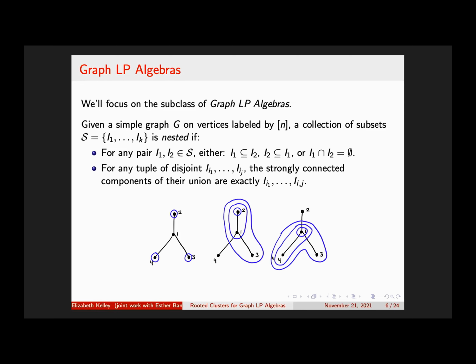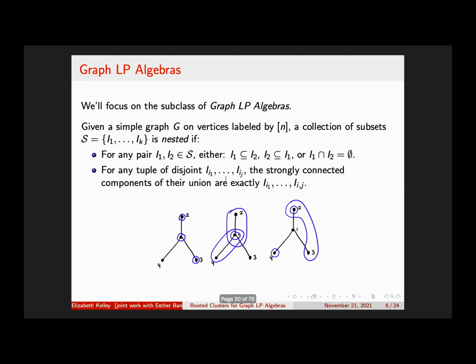Maybe a little bit more interesting, if I look at one of these other subsets, I can again see that I'm meeting this first condition, and even better, I'm meeting the second condition as well.